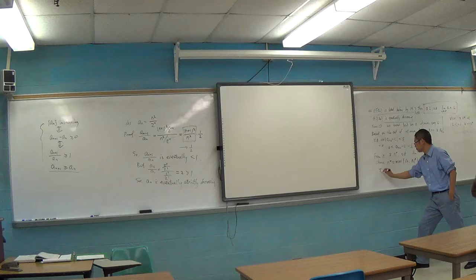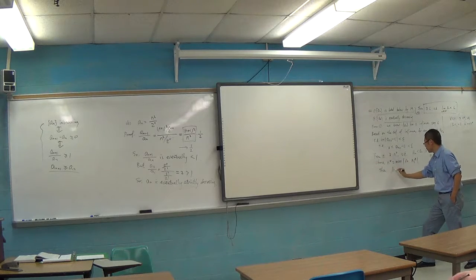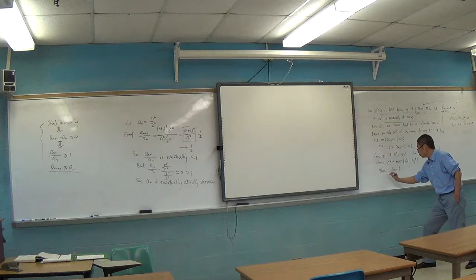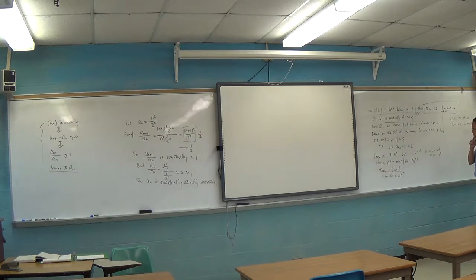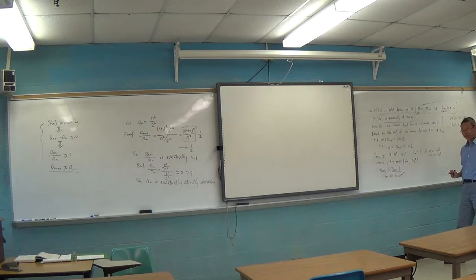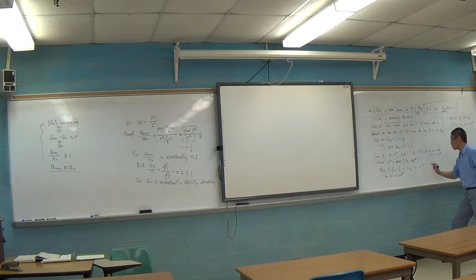Then a_n minus L, for all n greater than n star, is greater than 0, definitely, because this is a lower bound, and less than a_n0 minus L, and this one is less than epsilon.